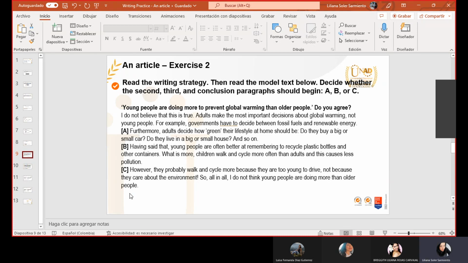And the conclusion, what do you think? What is the conclusion paragraph? A. Yes. Could you read, please? Furthermore, adults decide how clean their lifestyle at home should be.